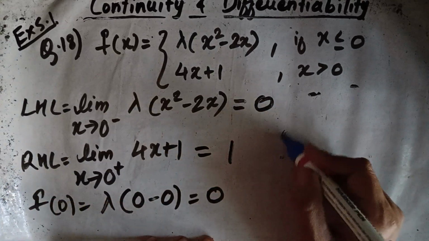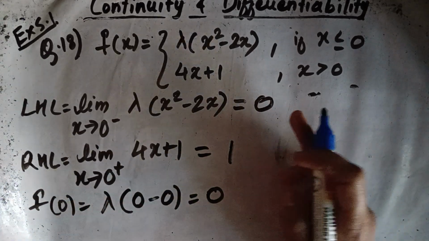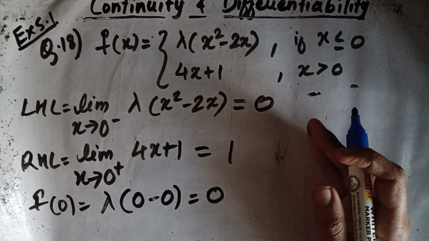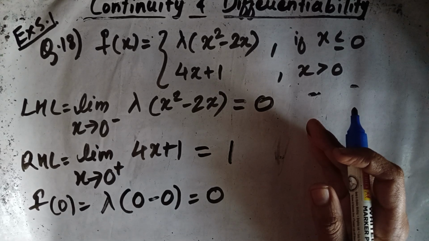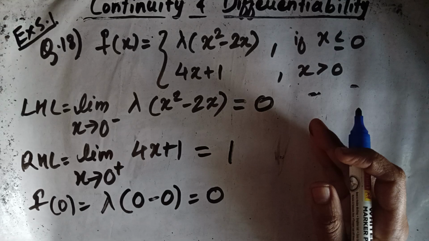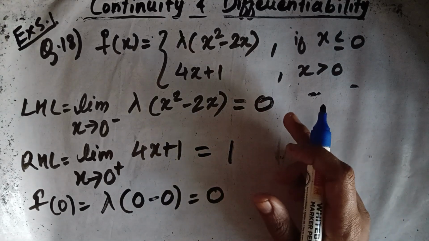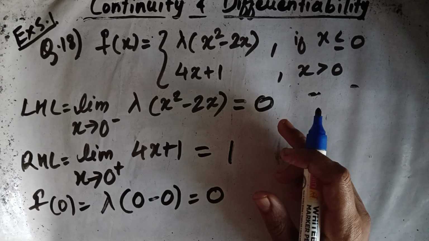But these are not equal, right? So for x equal to 0, there is no value of lambda, because here the function is not continuous at x equal to 0.